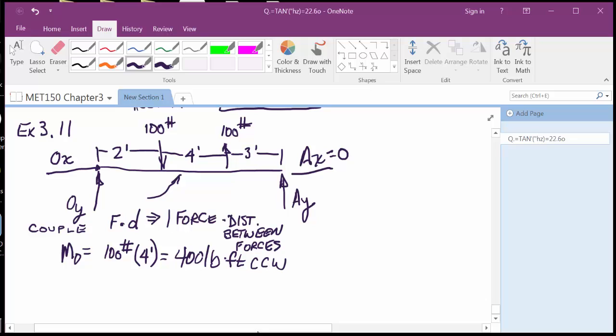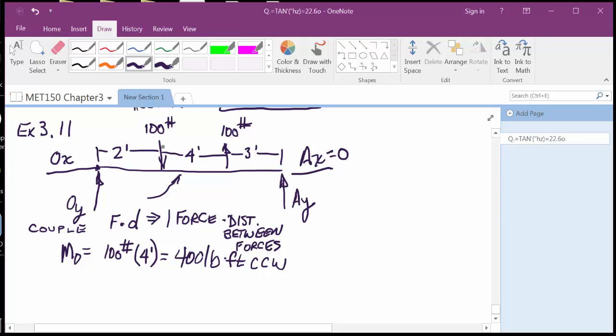Now, why would it be counterclockwise? Don't think too hard on this one. Because the upward force is further away from... Exactly. Thank you. This force going up, which makes this go counterclockwise, is farther from O, isn't it?